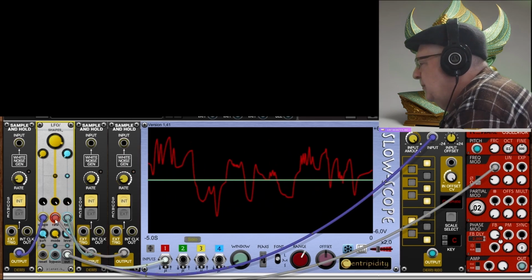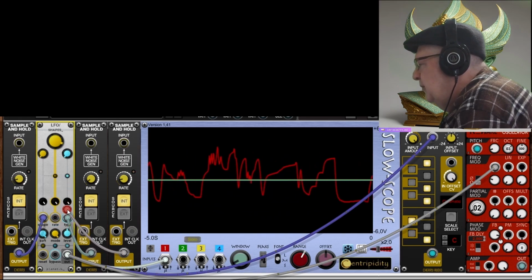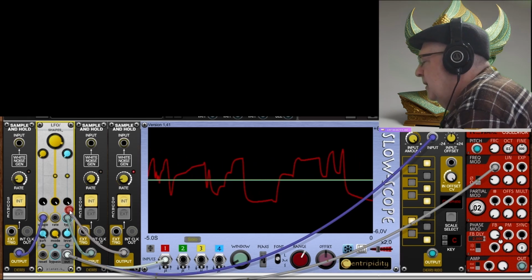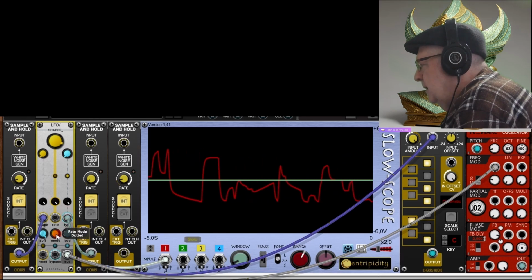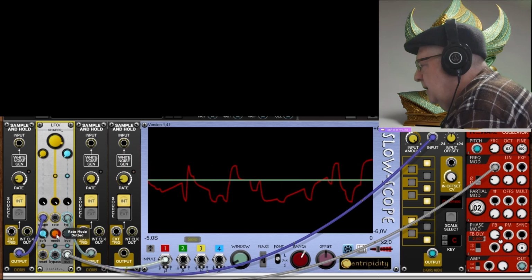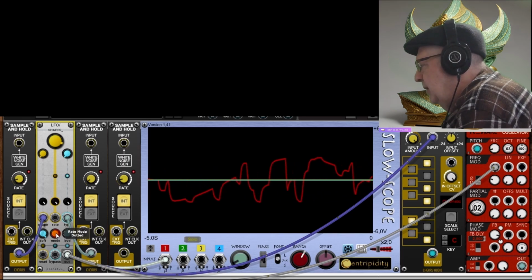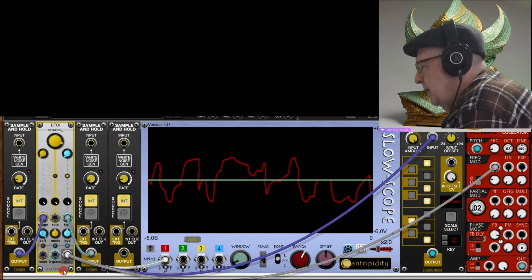Let me for a moment remove the rate modulation. Now I have the dotted mode. Now the triplets.